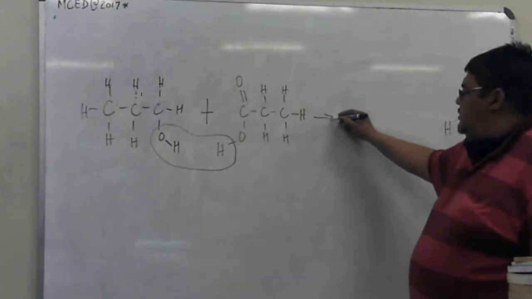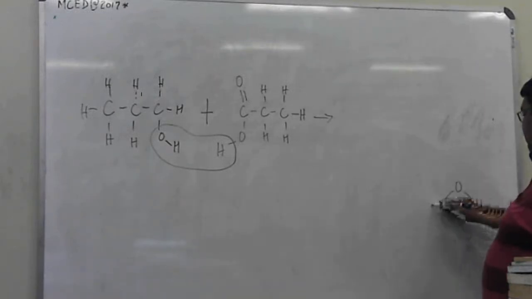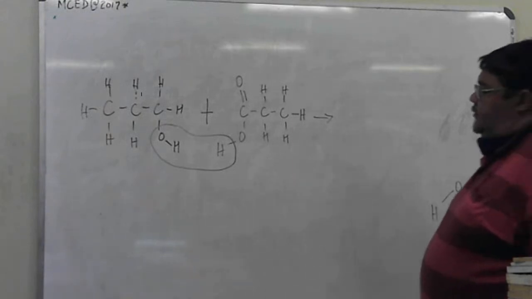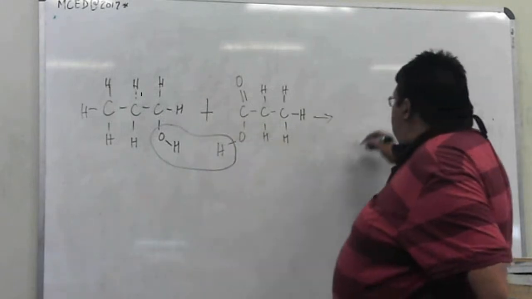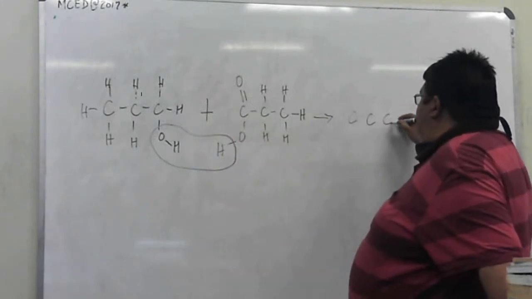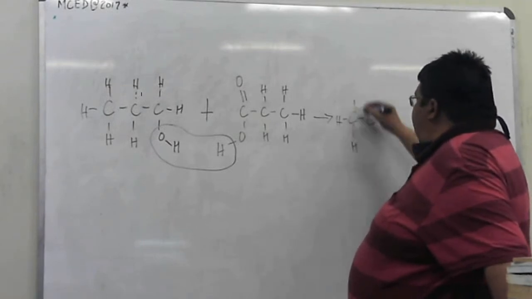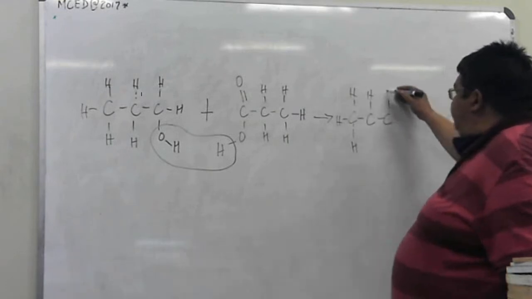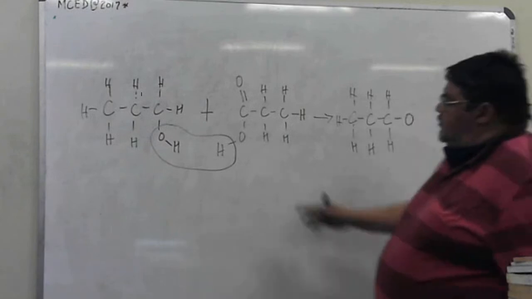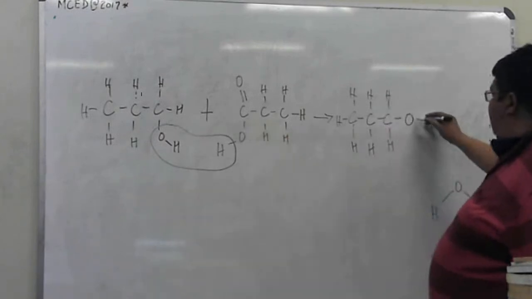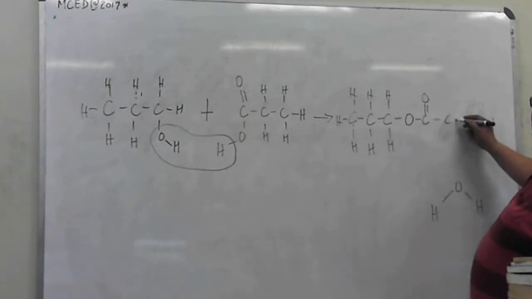And our ester, let's throw the H2O at the bottom here so that we can make place for the ester. Our ester is when that carbon joins that oxygen. So we've got 1, 2, 3, and that is from the alcohol. And that joins up with the oxygen over here, which is attached to a carbon, double bond oxygen, and then 2 C's.